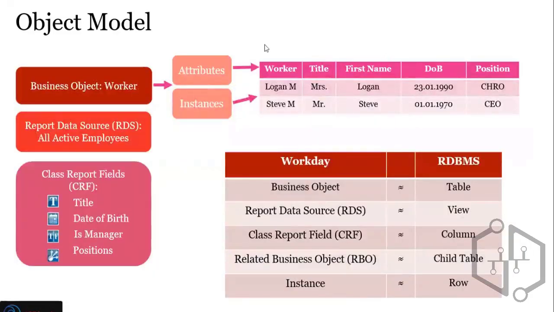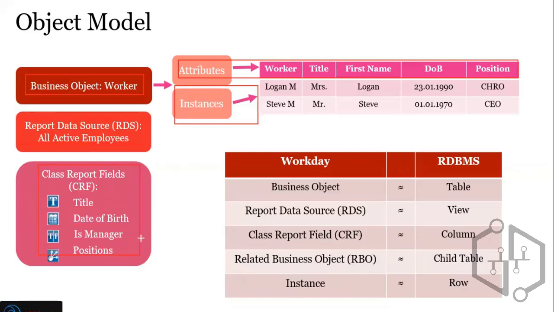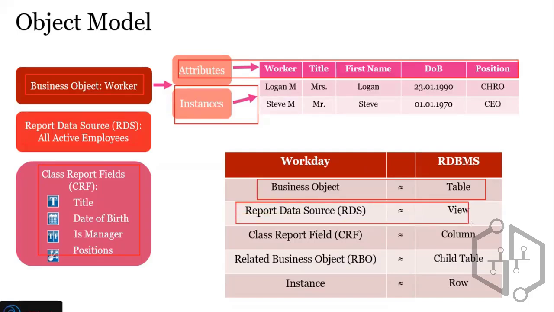Okay, this is something we have already discussed. At the top level, we have the business object. The business object defines the attributes, right? And then we have instances. The instances are determined by your data sources. And then we know we have class report fields. So you can think of a business object as a table, a data source as a view.